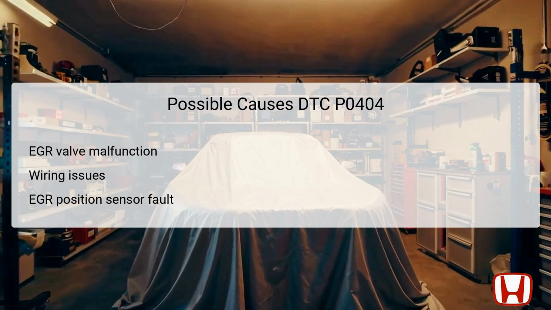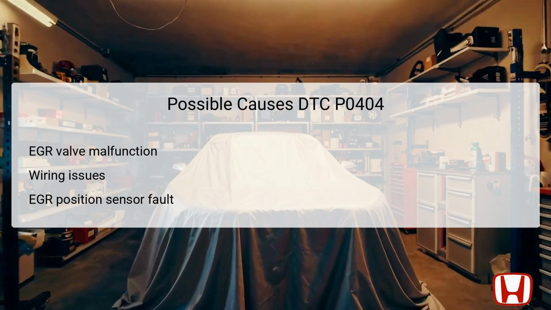There are several potential causes behind the DTC P0404. First, the EGR valve itself may be malfunctioning due to wear or carbon buildup, affecting its ability to open or close properly. This can disrupt the recirculation of exhaust gases.